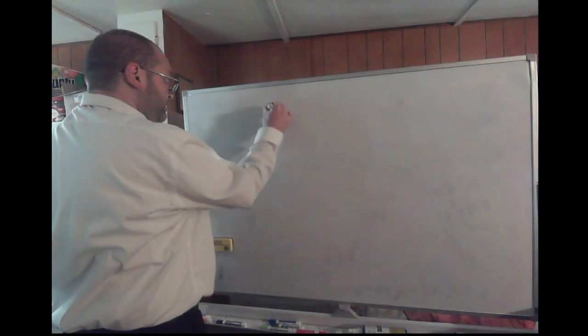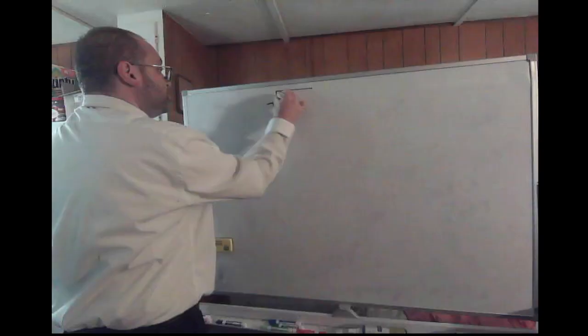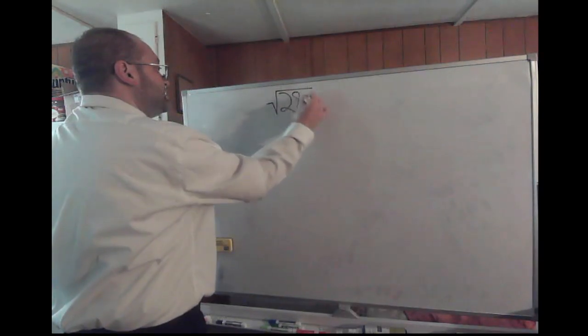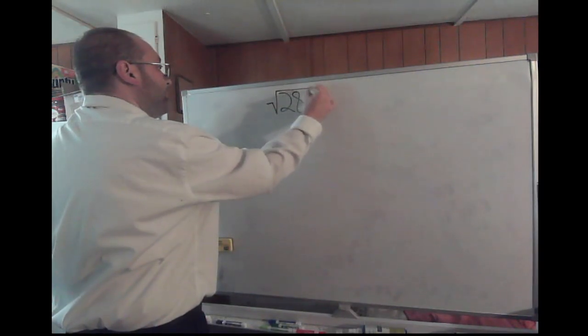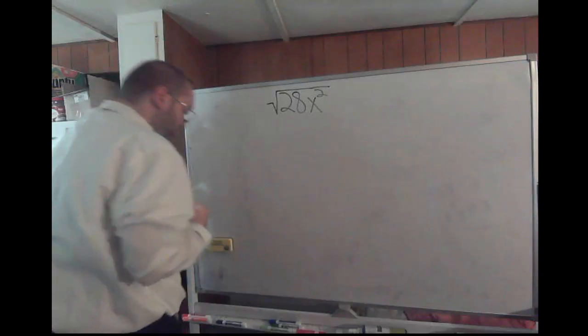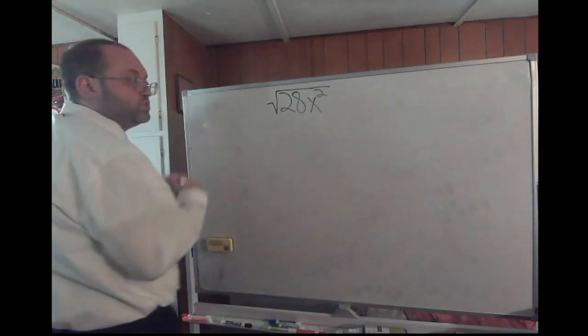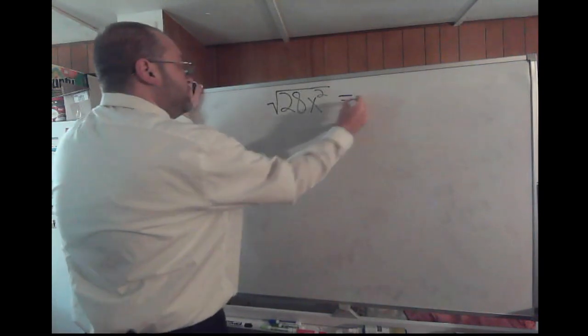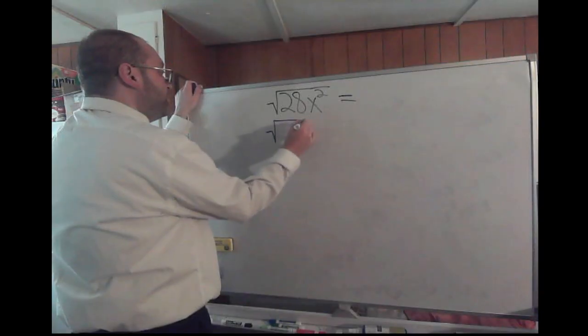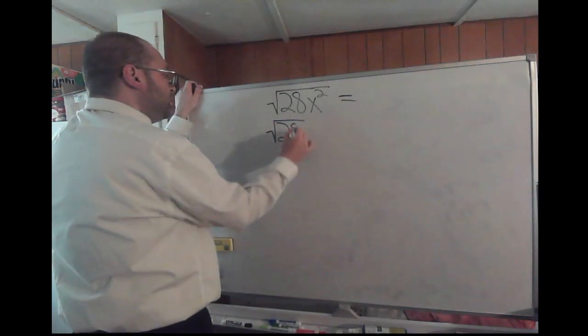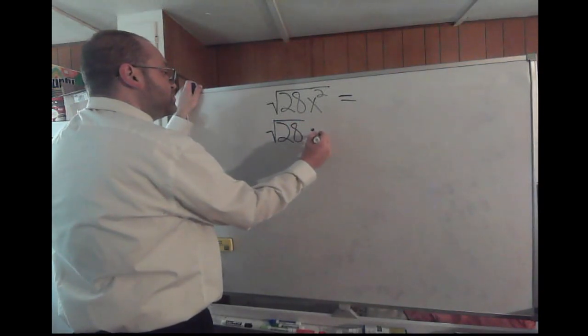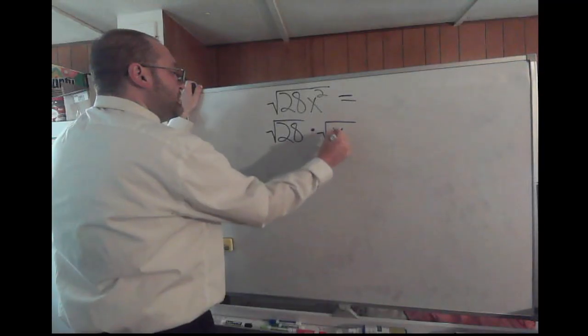All right. Now we have here the square root of 28x squared. So this time we have the square root of 28x squared. Well, we can separate this into the square root of 28 times the square root of x squared.